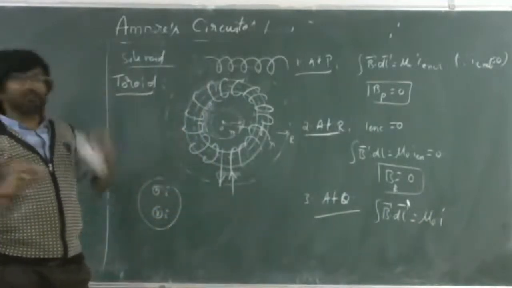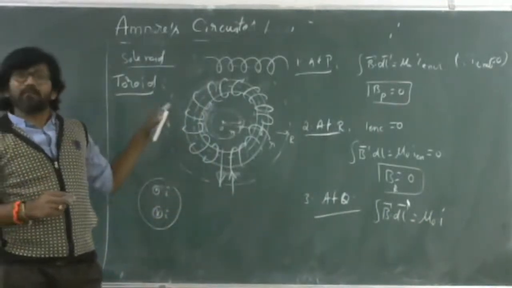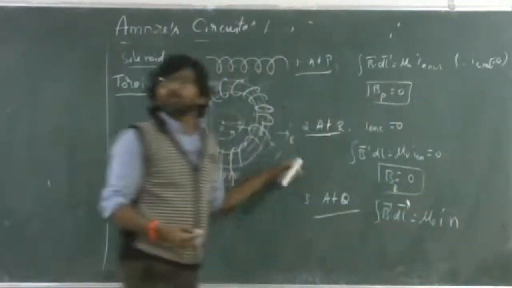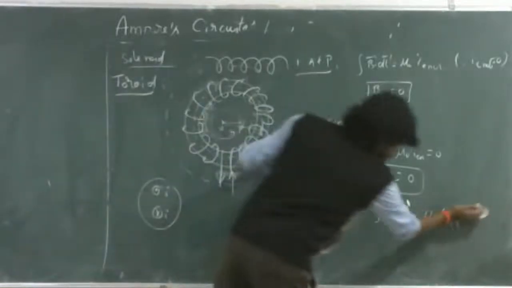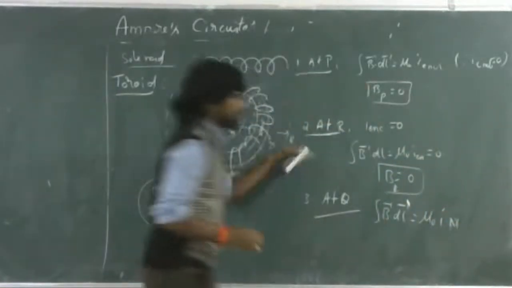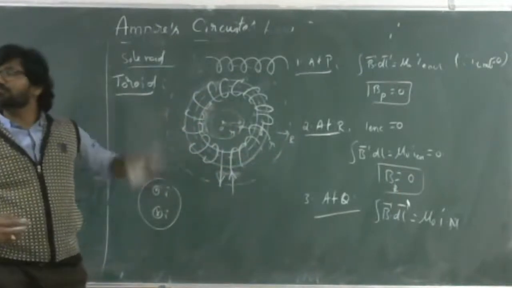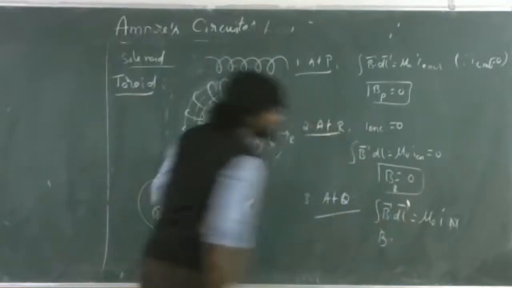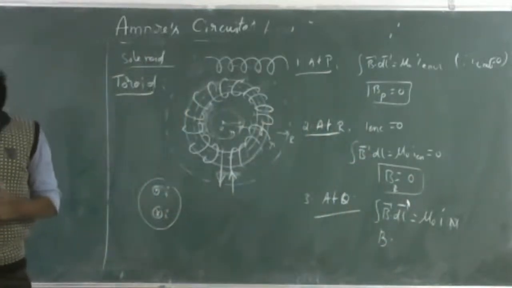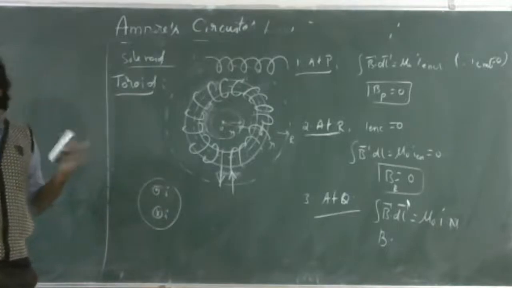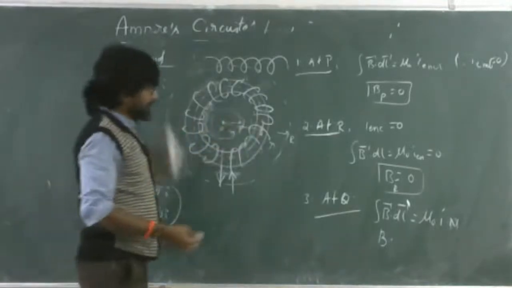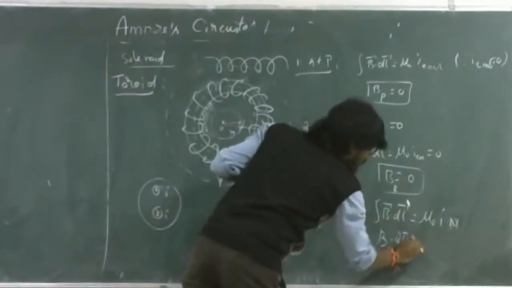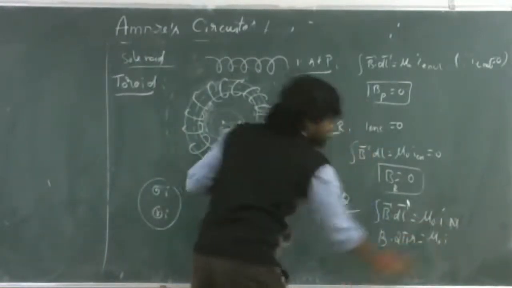If total capital N number of turns are there, and the number of turns per unit length you can take as small n, then for N number of turns the total current can be taken as I into N. So here integral of B dot dl, you can take this as B into the circumference, 2 pi r. If the radius is r, then you can write B into 2 pi r is equal to mu naught I into N.